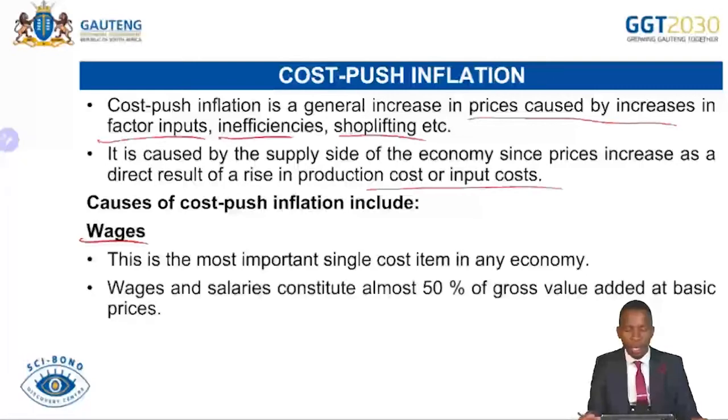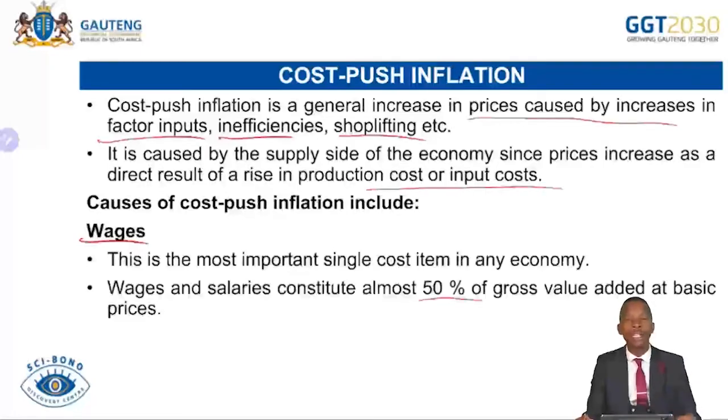Wages and salaries constitute almost 50% of gross value added at basic prices, meaning they are the most important part because workers are paid the most within the manufacturing sector. So if wages are increasing significantly, that costs producers. And how can producers recover this high level of wages and salaries?